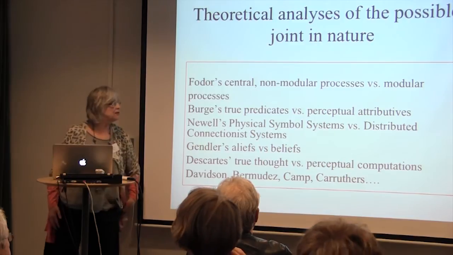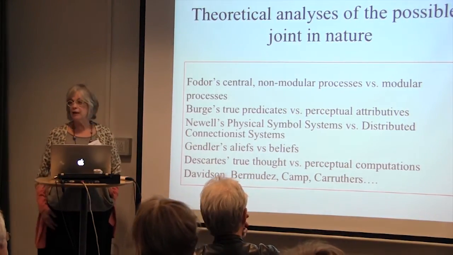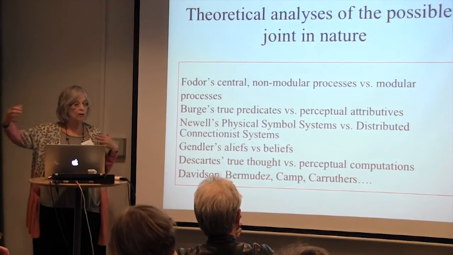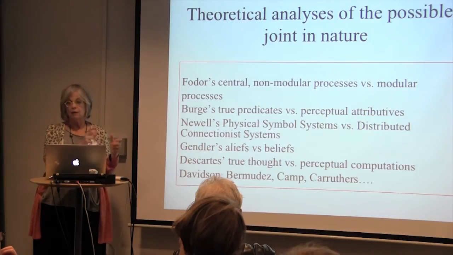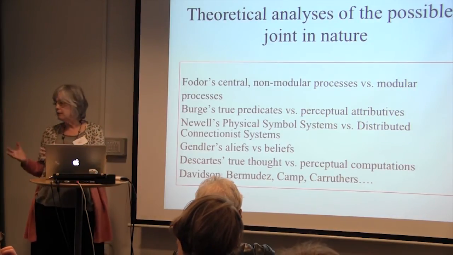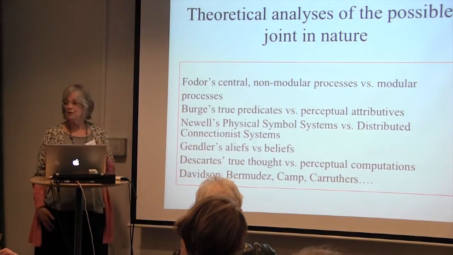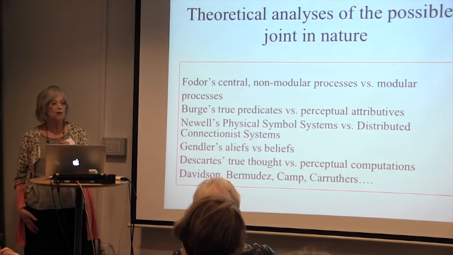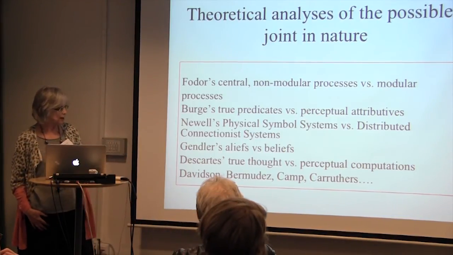There's Newell's physical symbol systems versus distributed connectionist systems. That's another way of trying to characterize a joint in nature between perception-like combinatorial productivity and true logic-like. Gendler's A-beliefs versus B-beliefs. This is not something I'd ever heard about till this conference. Descartes' true thought versus perceptual computations.